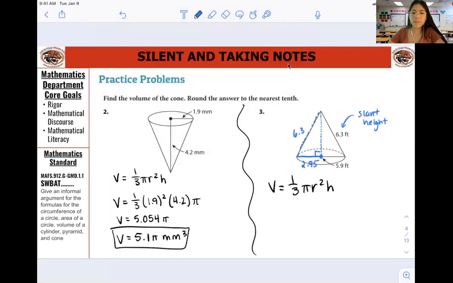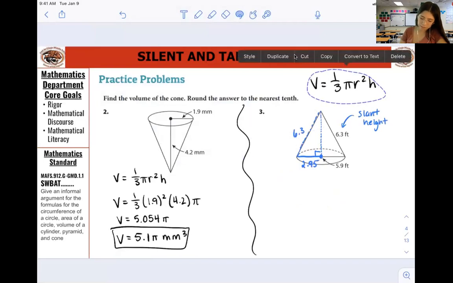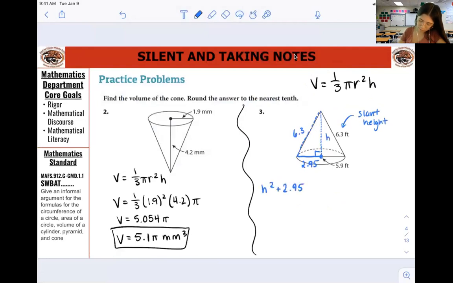So we're going to do the same thing as we did in our bell ringer: the Pythagorean theorem. H squared plus 2.95 squared equals 6.3 squared. As you go through it, remember what we said in the bell ringer: try your best not to round until the very end.